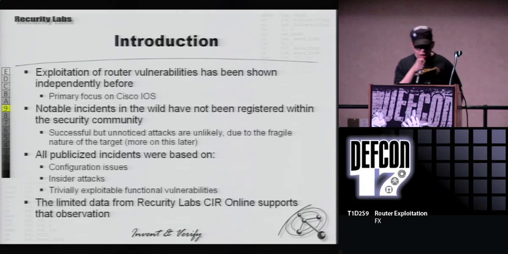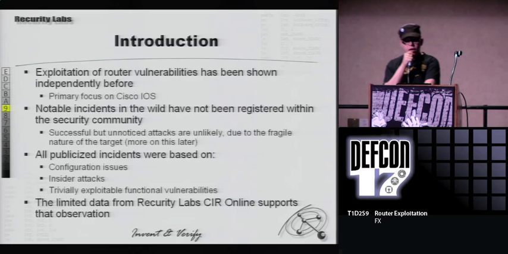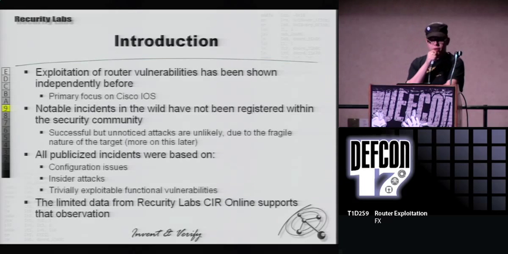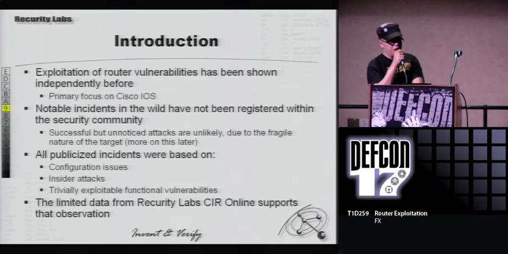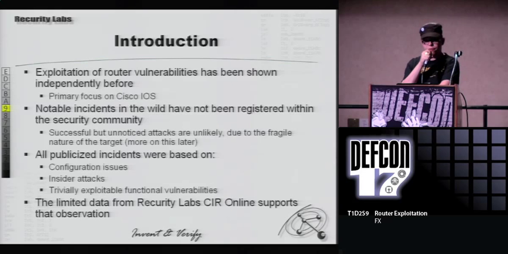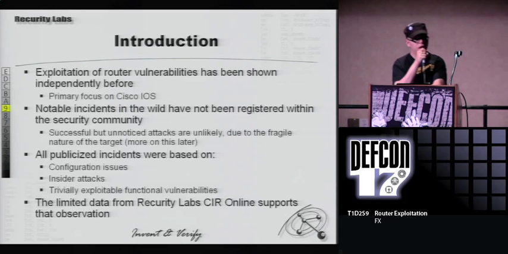So, introductions. Essentially, we have seen router exploitation before. I have been involved in some of that. There was primary focus on iOS, of course. But interestingly enough, we're not seeing Cisco worms, and we are actually not seeing any large-scale exploitation of a Cisco device in the field.